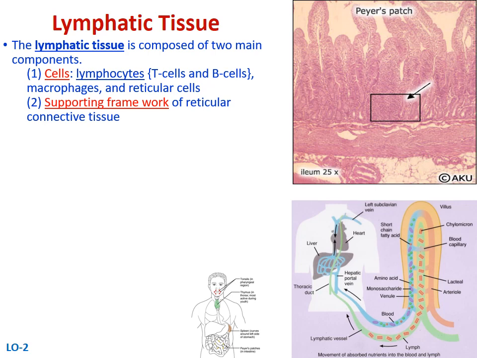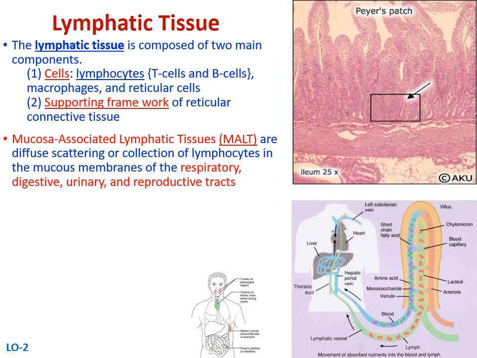When we talk about nodules, they are non-capsulated, there is no capsule around them. A lymph node is capsulated, with B and T lymphocytes inside, a big structure. A smaller structure without a capsule containing B and T lymphocytes is called a nodule, supported by reticular connective tissue containing reticular fibers.